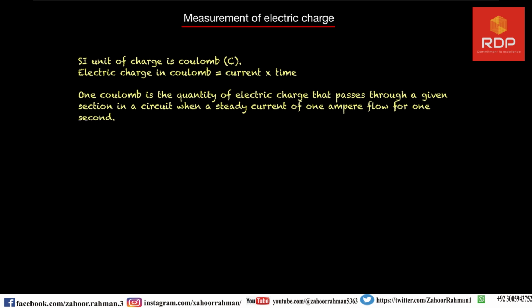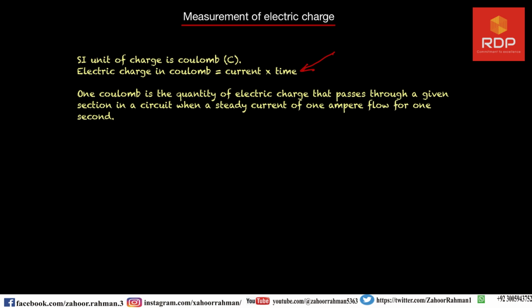It can be defined from the equation relating electric charge, electric current, and time. I have written it here: electric charge in coulomb is equal to current multiplied by time, where current is in ampere, time is in second, and electric charge is in coulomb.